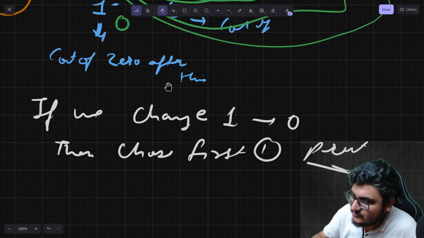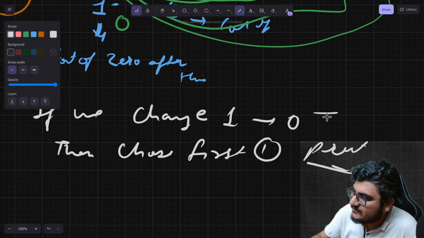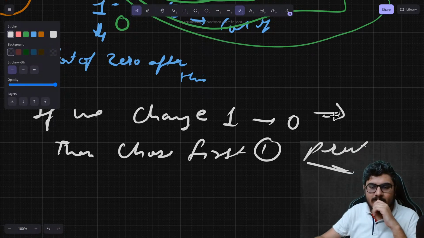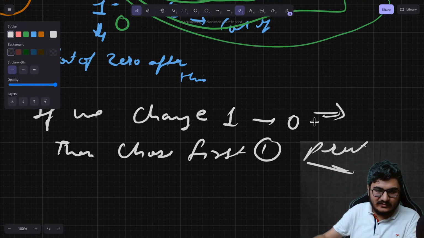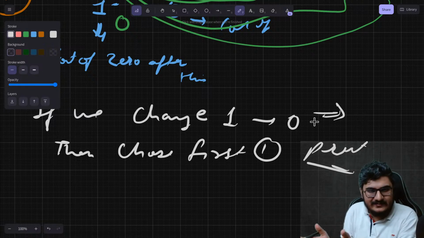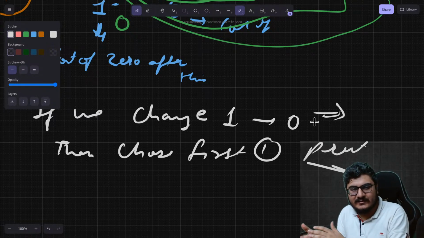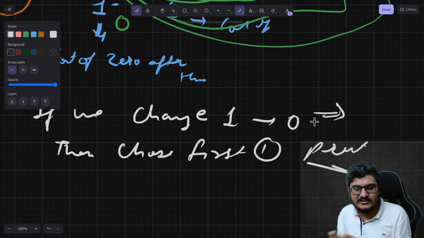So any questions on this one? This observation is a bit critical here. I am not claiming what should be the 1s or 0s. What I am saying is, if we end up deciding to change from 1 to 0, then we should always choose the first one.